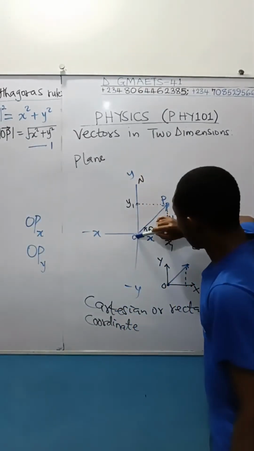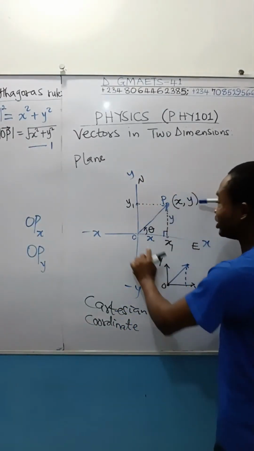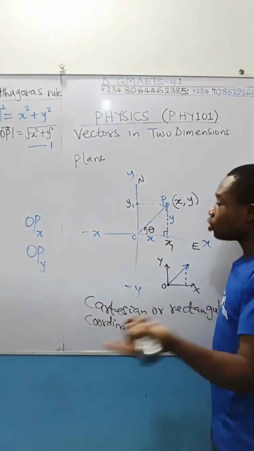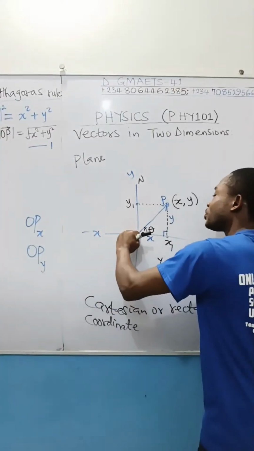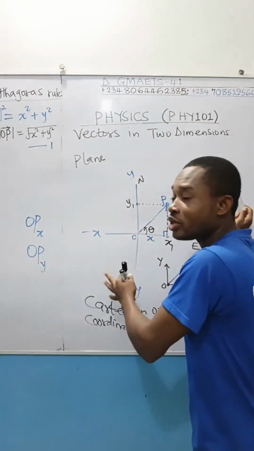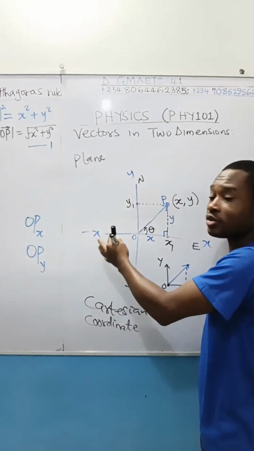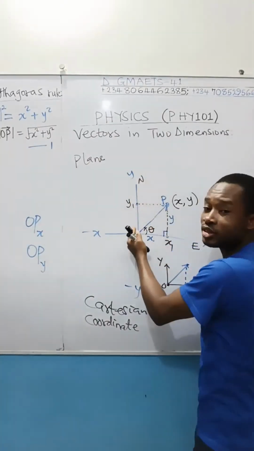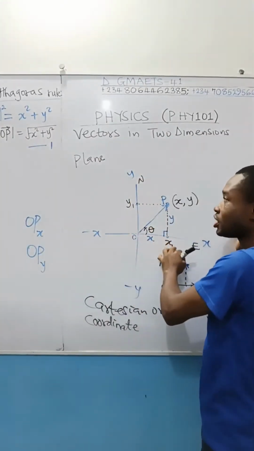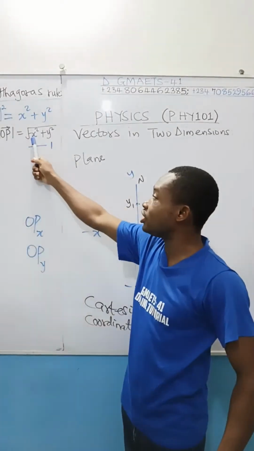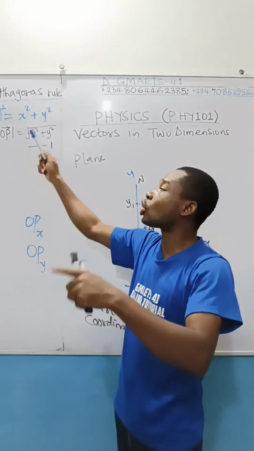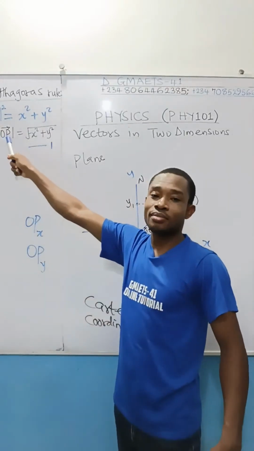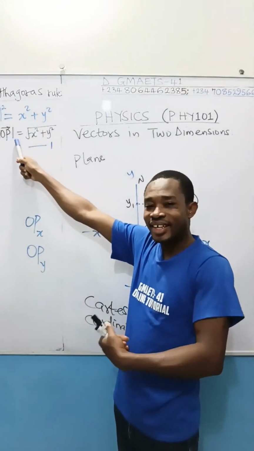Because this OP is not purely vertical and not purely horizontal, it's between them. So it has two components, two values: the value in the vertical direction and the value in the horizontal. So this x you are seeing is actually OP subscript x, which is the vector component of this OP in the x direction.